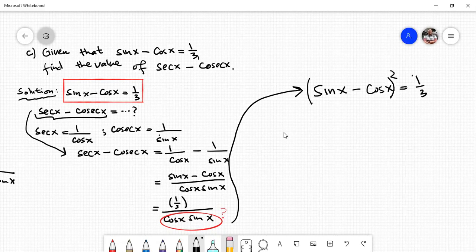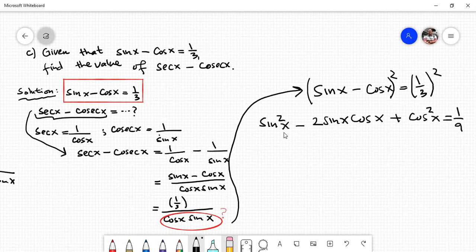Then you expand. This becomes sine square x minus 2 sine x cosine x plus cosine square x equals 1 over 9.